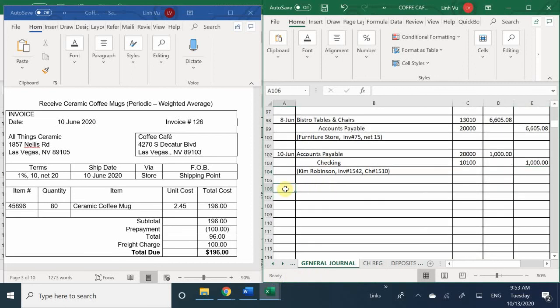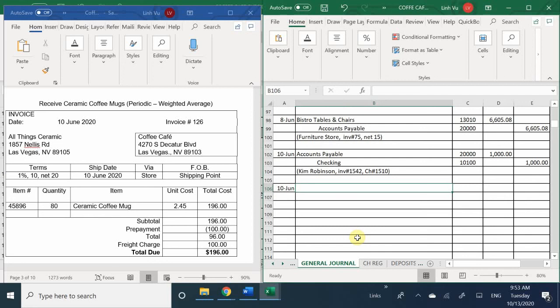Because we are receiving periodic inventory, how are we going to journalize this? Amount due. Okay, but what account am I going to be using?